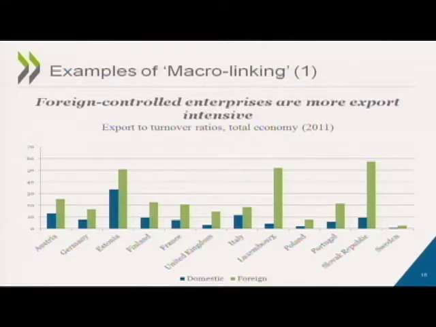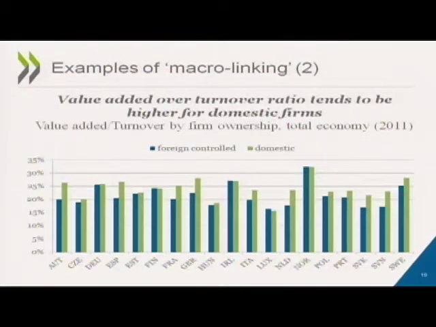So you can calculate the ratio between foreign and domestically owned firms in terms of their exports, in terms of their turnover. And this illustrates what we know from academic research in many cases, that indeed foreign controlled enterprises are more export intensive than domestically controlled firms. So foreign firms are engaged more frequently in international trade compared to their total turnover.